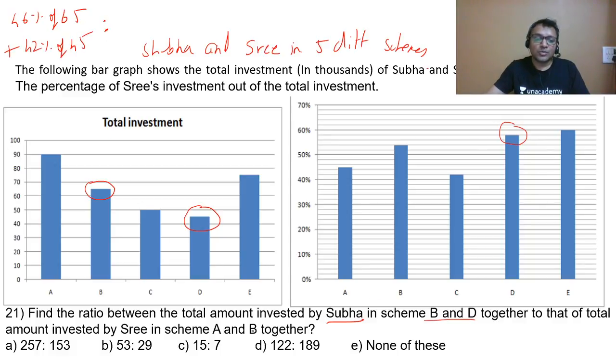C's investment in A is 45% of 90, and in B, it is 54% of 65.